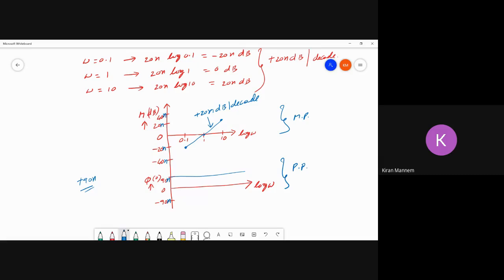So this is about the basic factor of the type (j omega) to the power of n. So what's the additional point here? You have only n in place of 1.